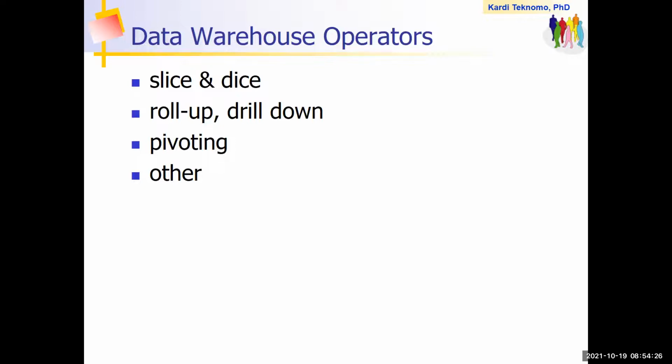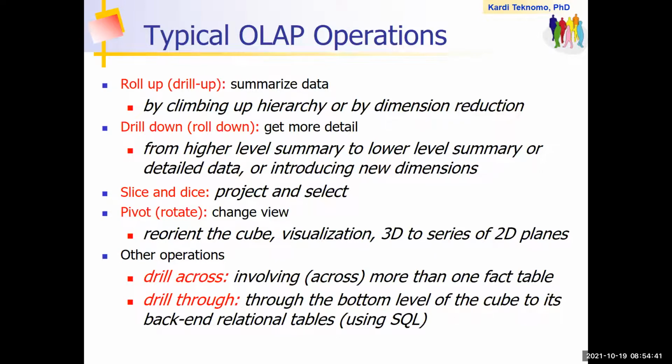Now look at the operations that we have: data warehouse operations or OLAP operations. These are examples of operations. We call them slice, dice, roll up, drill down, pivoting, and others. When we say roll up, you summarize the data. How do you summarize? You climb up the hierarchy, so this is dimensional reduction. When we say drill down, or roll down, it means you get more detail.